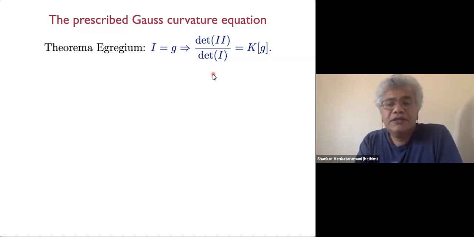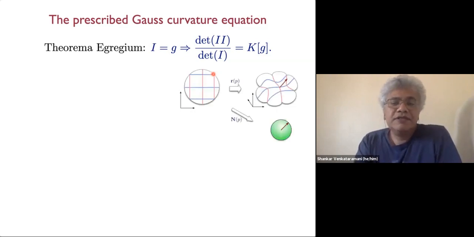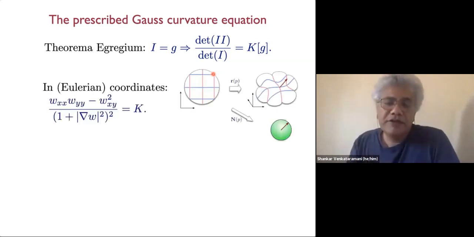So this is a restriction on isometries. Conversely, in some circumstances, you can also show that if you can solve this equation, you can get an isometry from that.